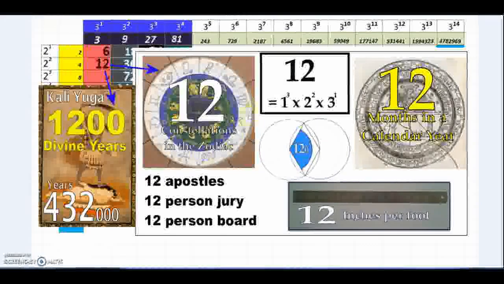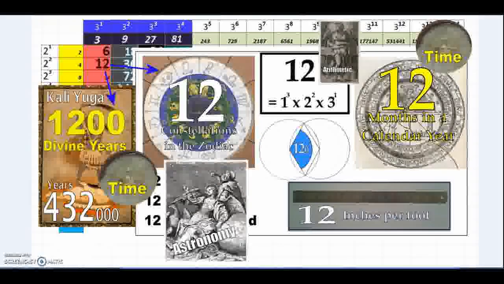There are 12 constellations in the zodiac, which is a direct link to precession. 12 months in the calendar year, 12 being a lovely number across 3 dimensions. The Vesica, once more, 12 inches per foot. 12 just being so important, like the 12 apostles, 12 people in a jury, 12 people on a board. It's a beautiful number.